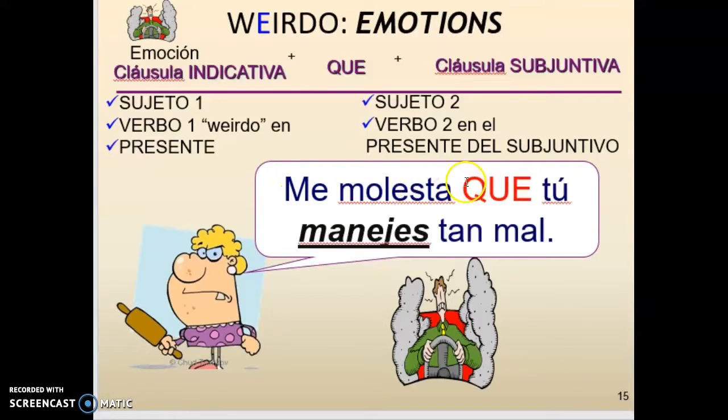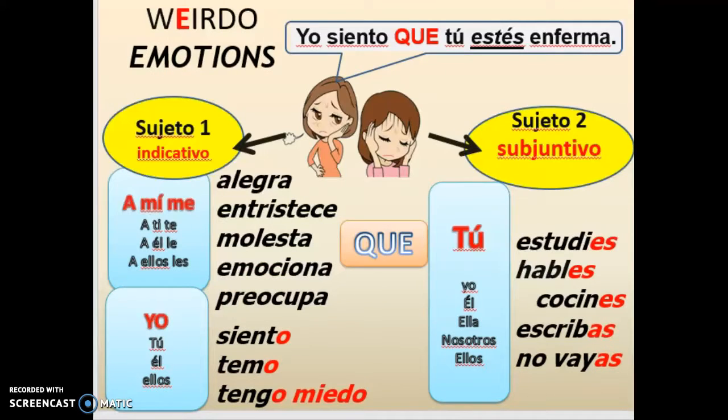Molesta, it bothers me. Que, my first clause, que tú manejes tan mal. Tú is the subject on my second part. I had to conjugate according to that subject. Now there's several emotions that you have to remember. Alegrarse, entristecerse, emocionarse, preocuparse.